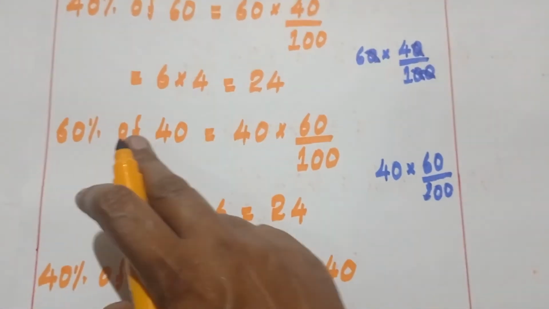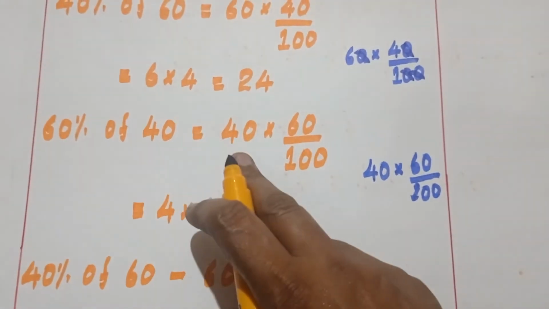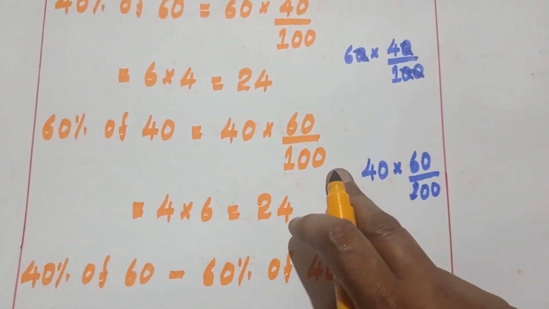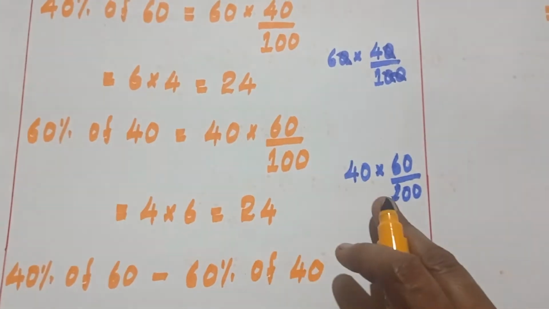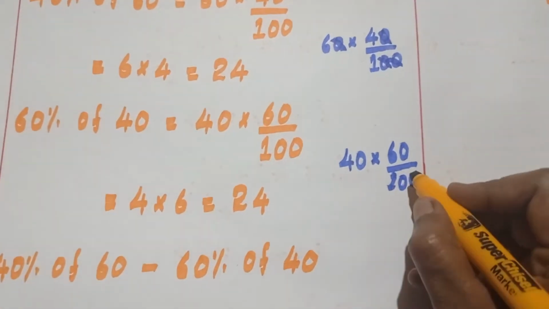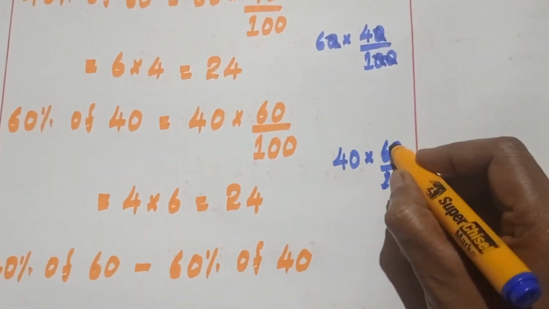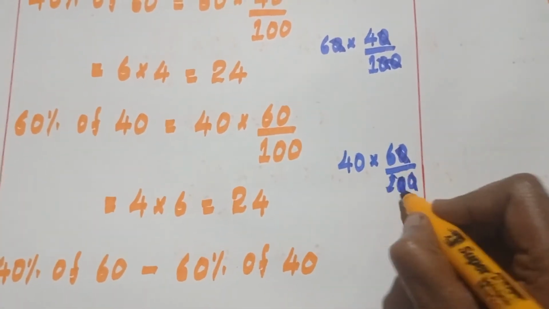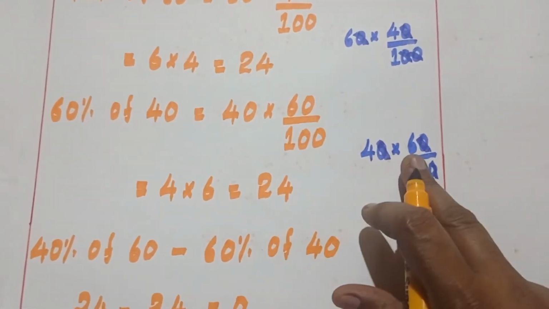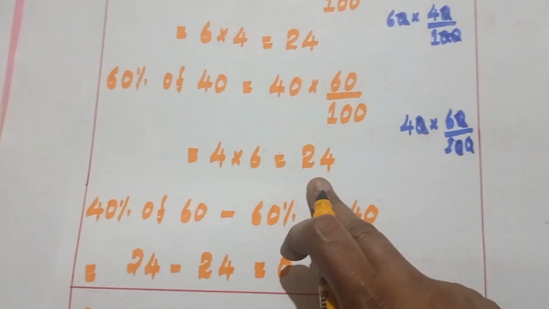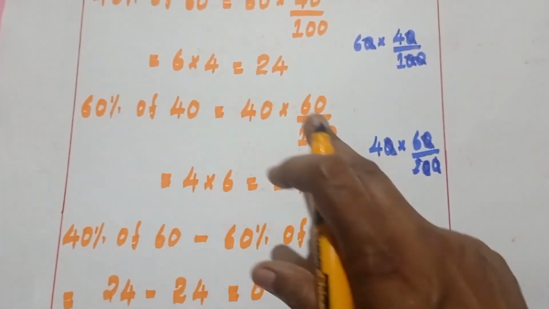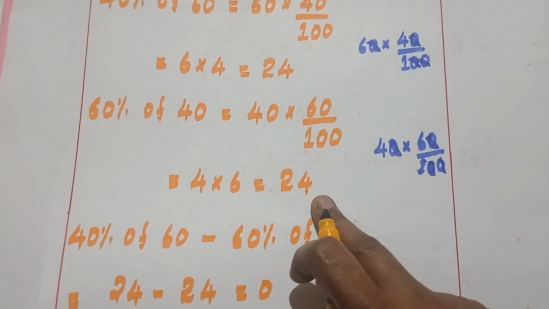Then 60% of 40 can be written as 40 into 60 by 100. Here also cut 10 and 10. Then 4 into 6, 24. So 60% of 40 is also 24.